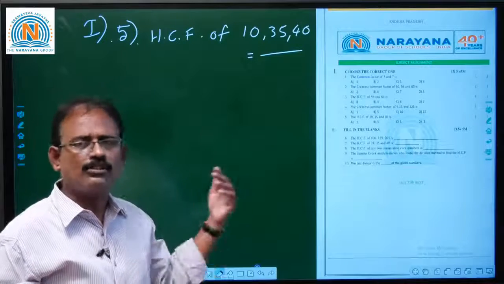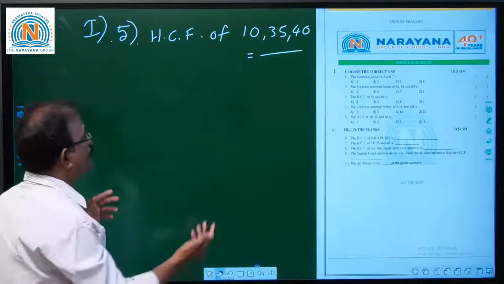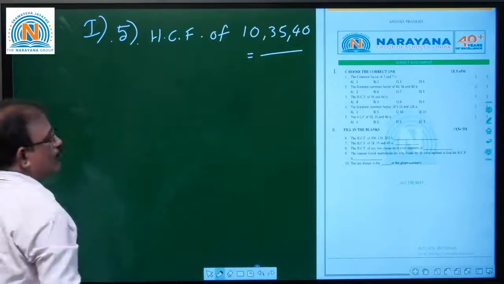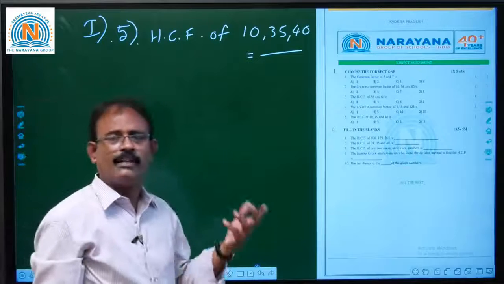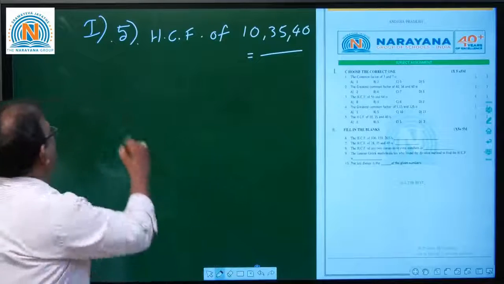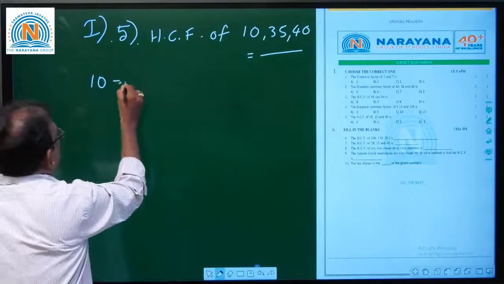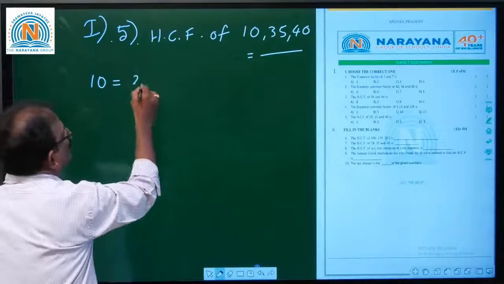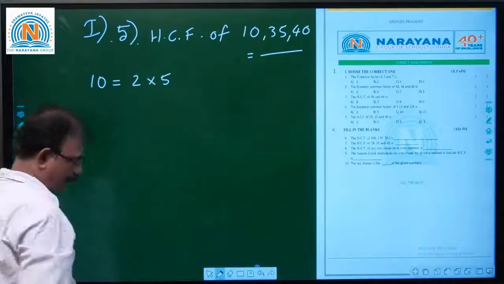So why can't we go for a third method in the same assignment? So let us try to go for, what is the third one? Prime factorization method.